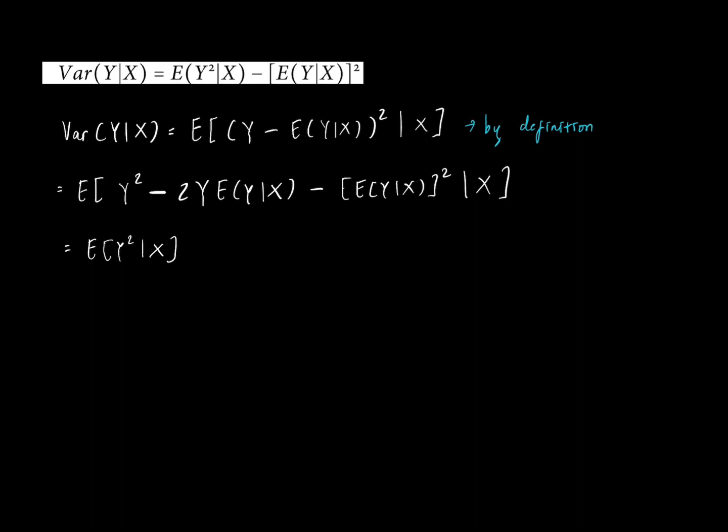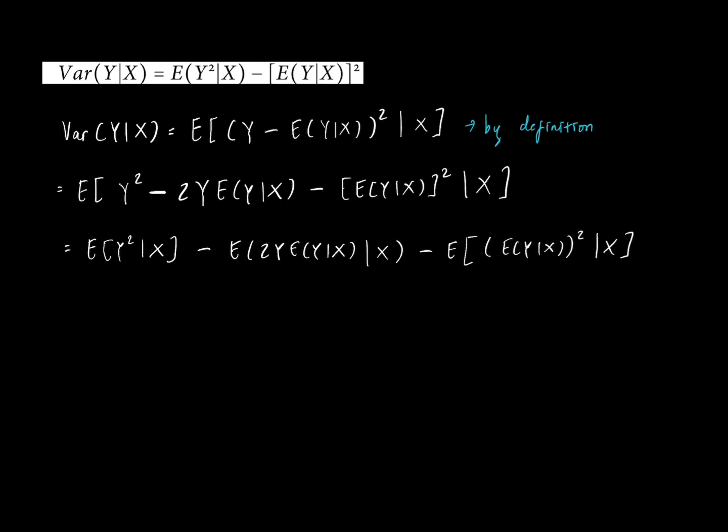Then minus E of 2y times E of y given x, given x, that's the second term. The third term is going to be minus E of the expectation of y given x, everything squared, given x.